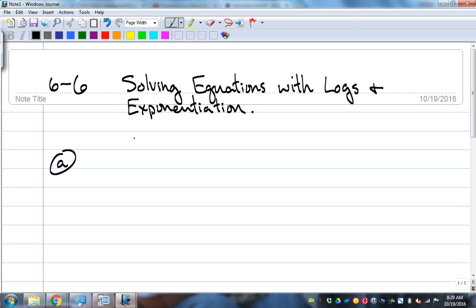So the first thing we need to look at with any equation that we get is, really, can we condense either side of the problem or write that as one log? Especially if there's a log in the problem, we want a log either on one side, or if there's multiple logs, maybe both sides is the better thing.